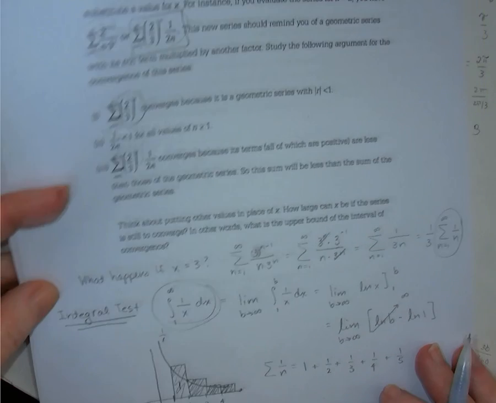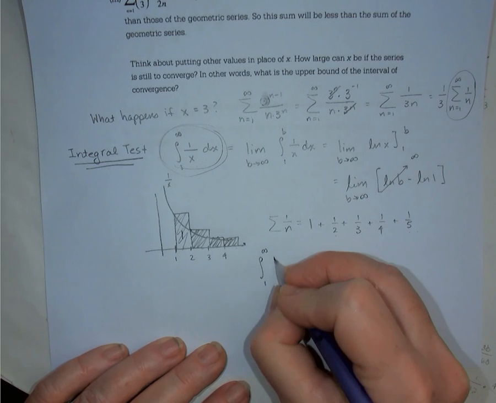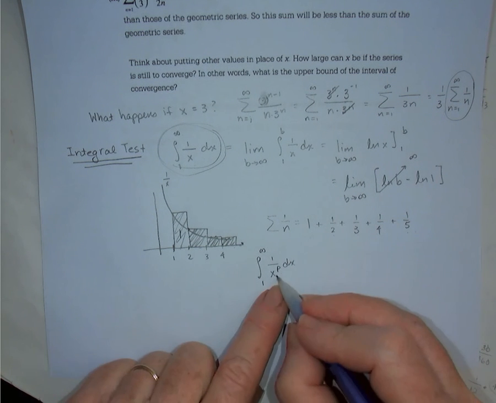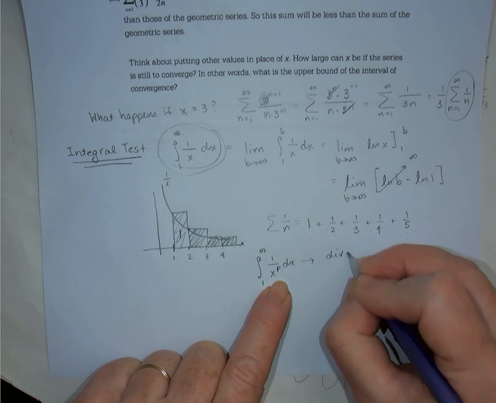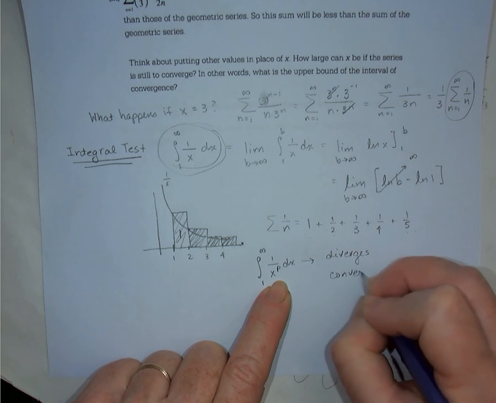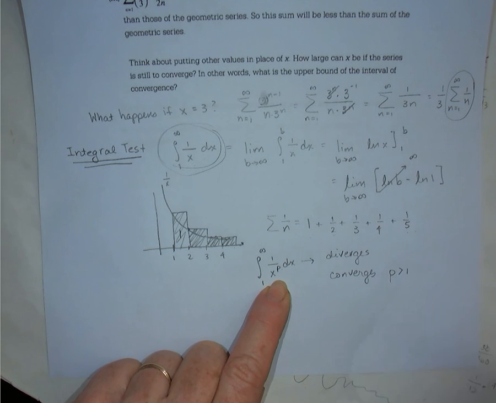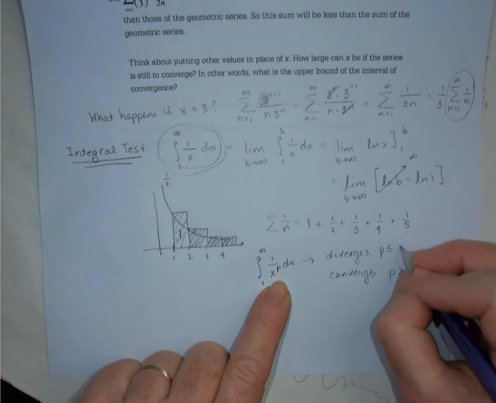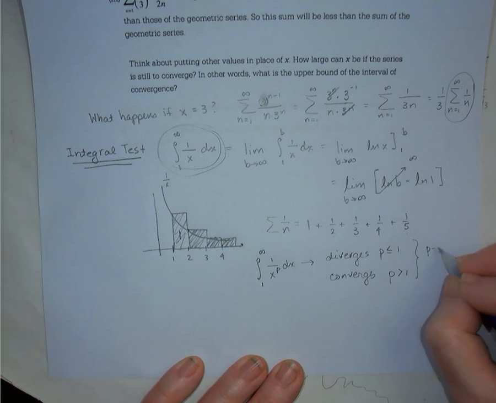One thing we talked about with integrals was this. Anytime you are taking the antiderivative of 1 over x to some p-value, we had said that this converges or diverges based on the value of p. If p is greater than 1, this is going to converge. If p is less than or equal to 1, this is going to diverge. Sometimes we call this the p-series.